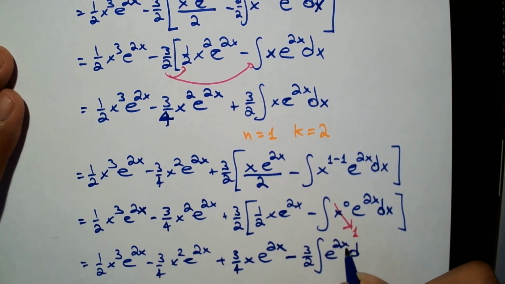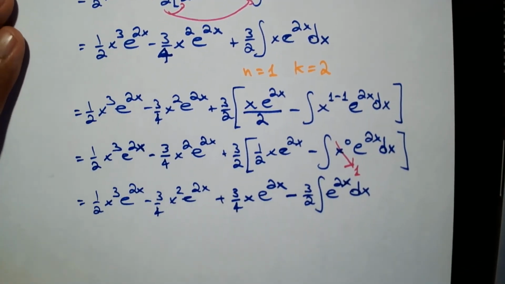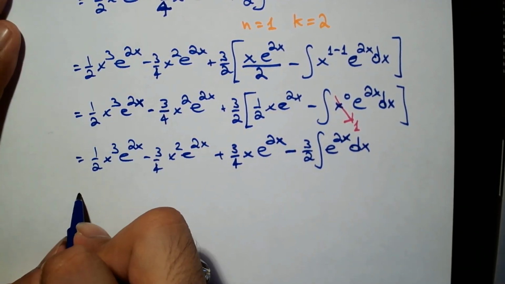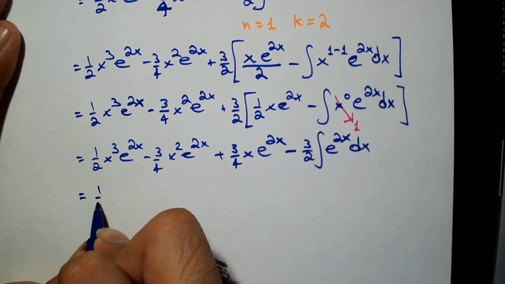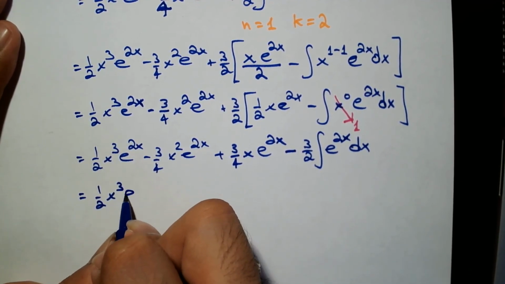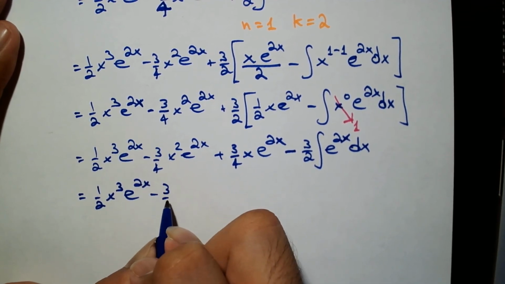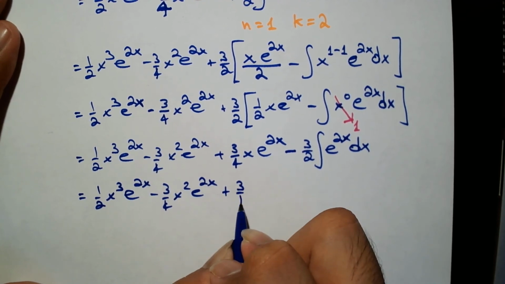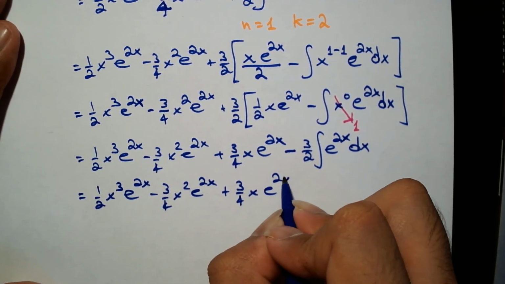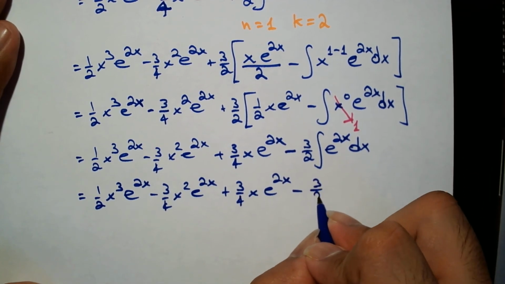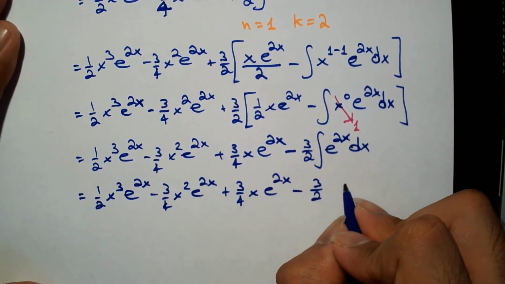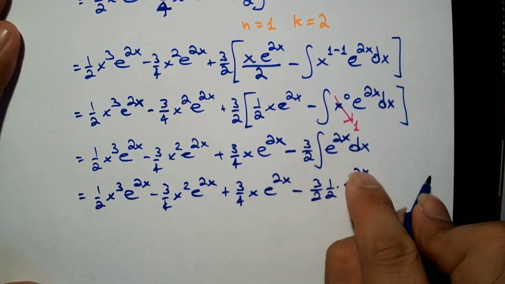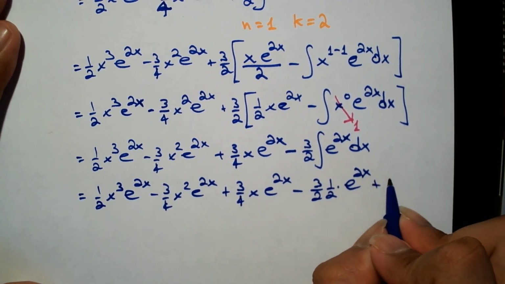And this one we don't need a formula. Well, if you will, it's a really simple formula. Just divide by 1/2 and keep the e to the 2x. 1/2 x cubed e to the 2x minus 3/4 x squared e to the 2x plus 3/4 x e to the 2x minus 3/2 times the integral of e to the 2x, which is itself e to the 2x, times 1/2, plus c.